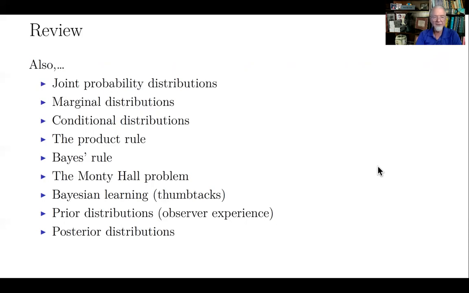If you have a joint probability distribution on two variables, you can integrate it and get the marginal distribution, and then the joint probability distribution divided by the marginal distribution is the conditional distribution. And obviously it's also symmetric. So if you have y given x, you can calculate x given y.